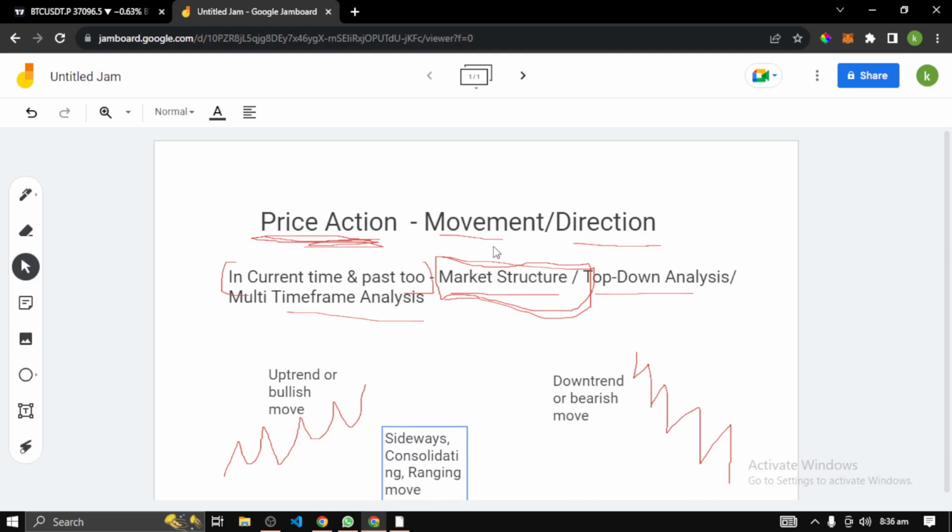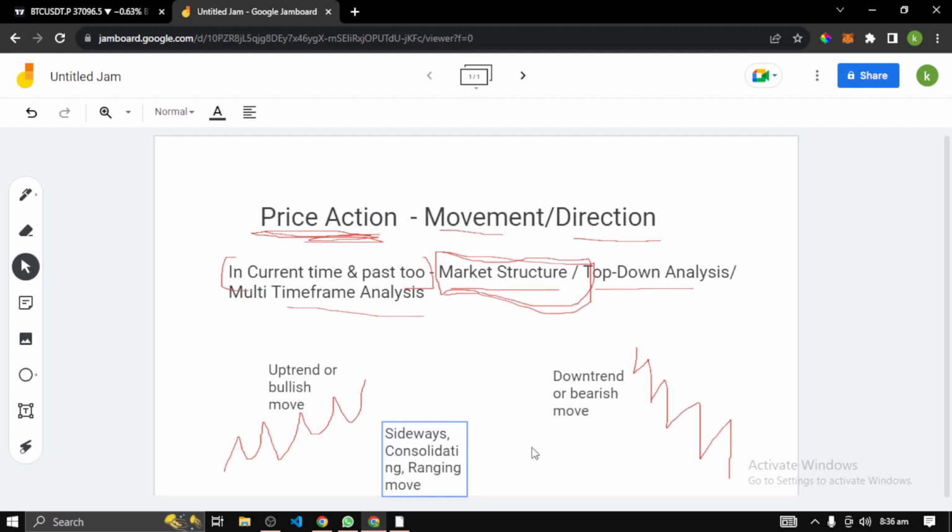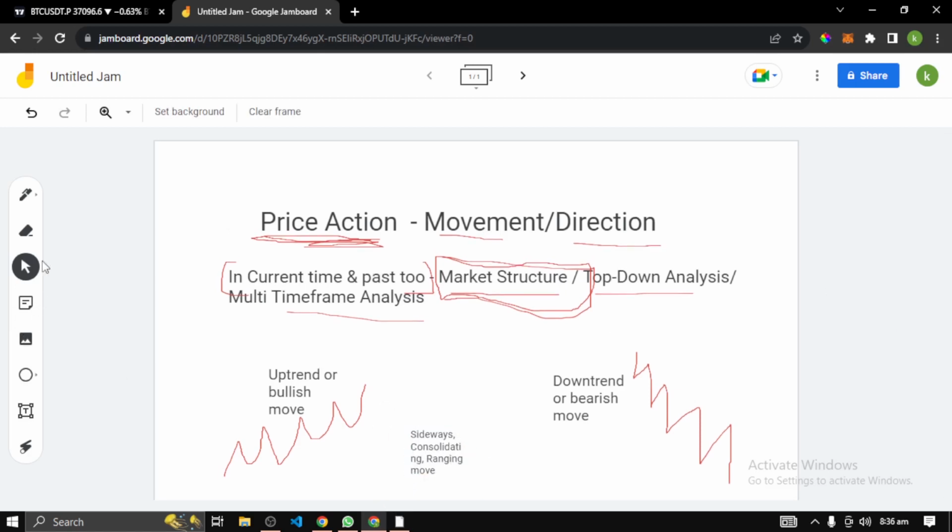This is when price is sideways. In this case, it should be something like this. Price is just going, not going up, not going down, it's just sideways. So this is consolidating market, this is uptrend, this is downtrend. This is what you look out for in trading, in market structure, in understanding the direction of the market.